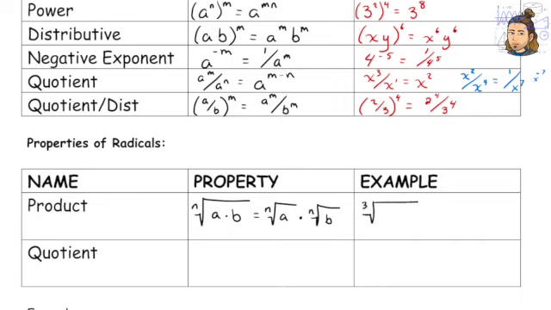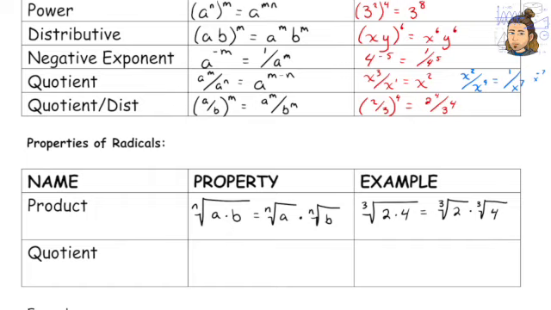Here we go. We have the cube root of 2 times 4. And so we can actually separate this out and say, okay, so let's go the cube root of 2 times the cube root of 4. All right, so there's a nice clean example.